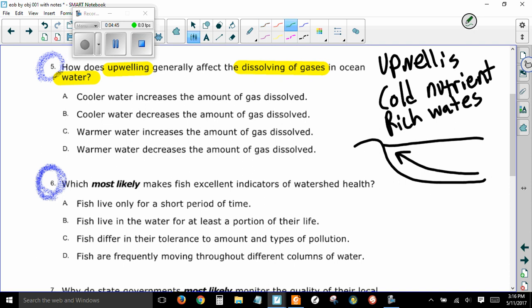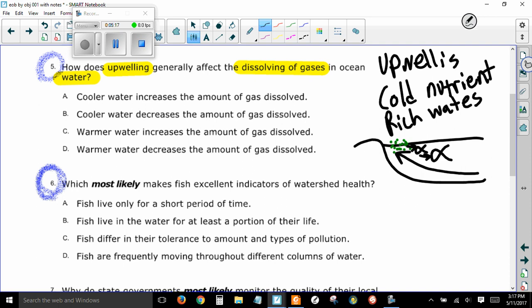And when it gets to the surface, those nutrients act like fertilizer and cause the phytoplankton to reproduce like crazy. And since the algae and phytoplankton and stuff are reproducing, then you're going to get fish that eat the phytoplankton. And then you're going to get bigger fish that eat the little fish that eat the phytoplankton. So upwelling is a big deal for the ocean food chain.